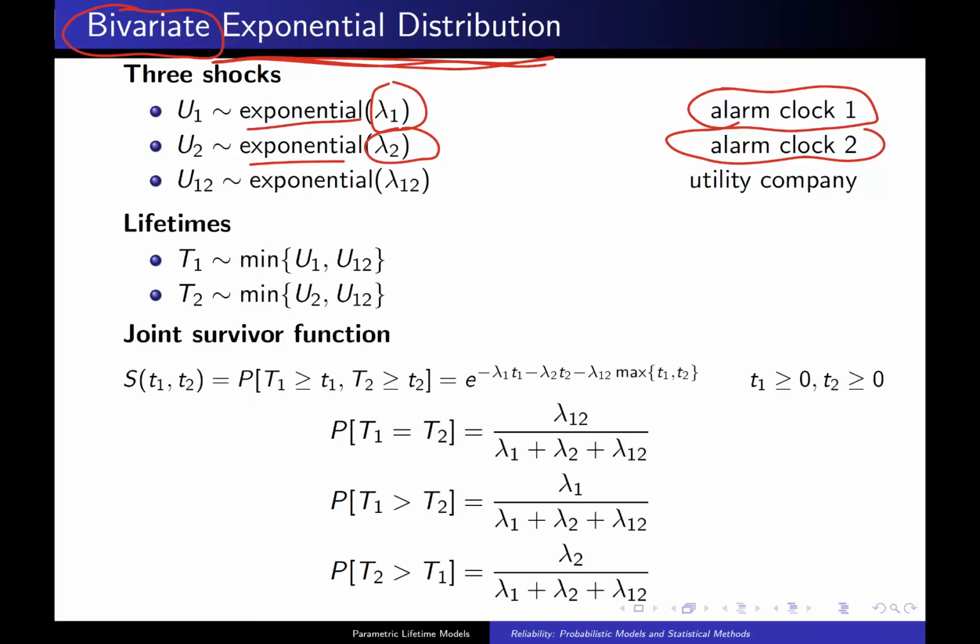And finally, both of these are electric alarm clocks, so if the utility company goes out, then both of the alarm clocks will come down, and that's going to be exponential with a parameter lambda 1, 2. I'm calling these 3 random variables U1, U2, and U12.